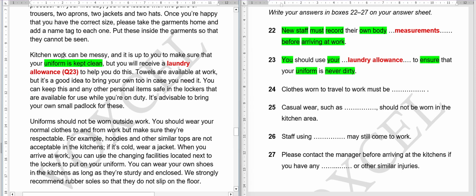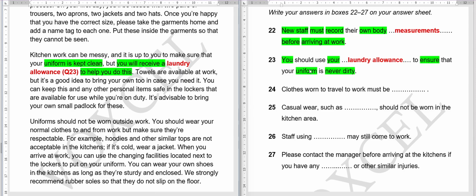They have paraphrased it as kept clean. So you will receive a laundry allowance to help you do this. So you will have to use this to help you do something. So basically you have to use this particular thing to keep your uniform clean. I hope it's clear to you. Are you getting my point?